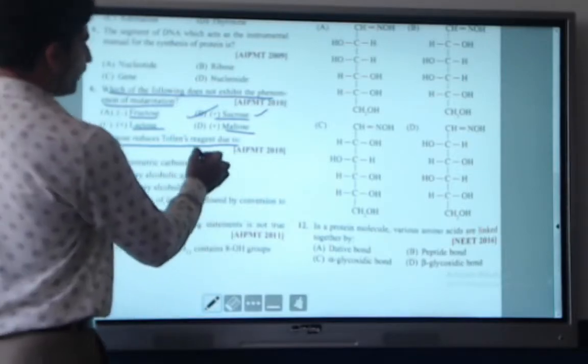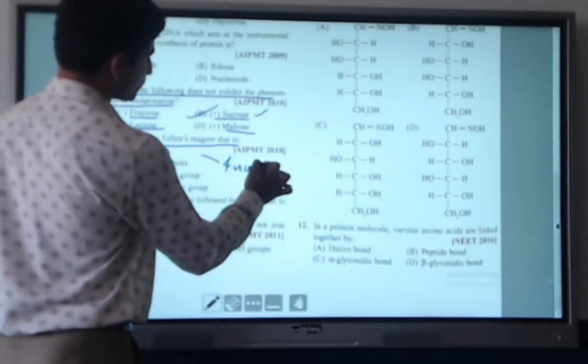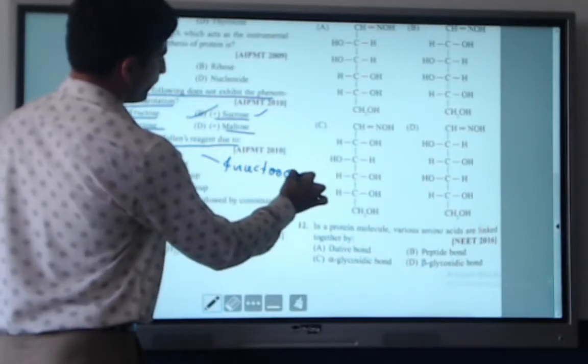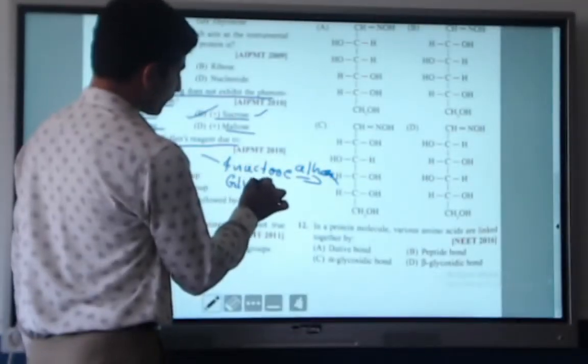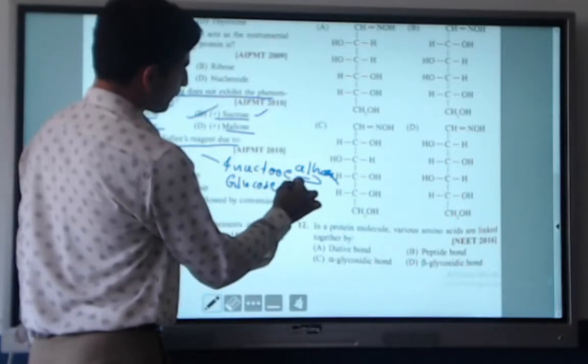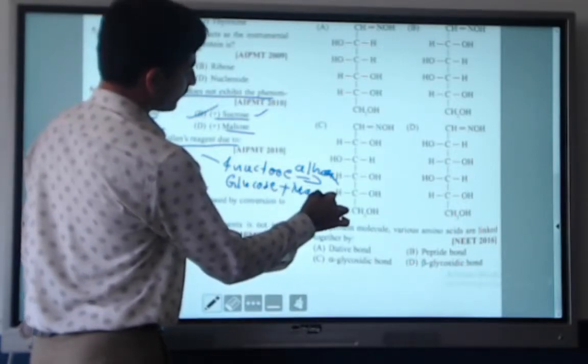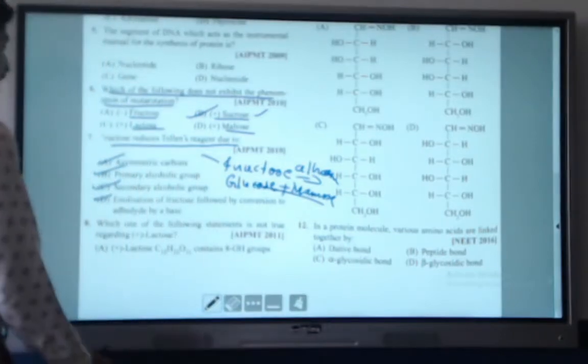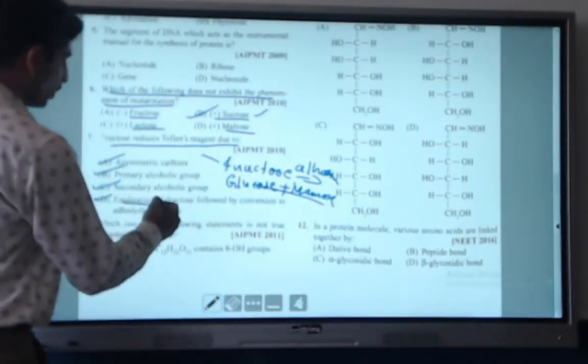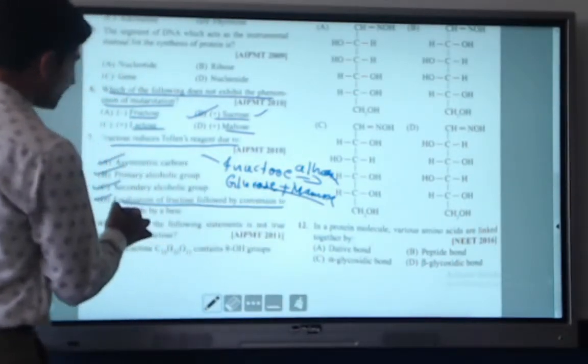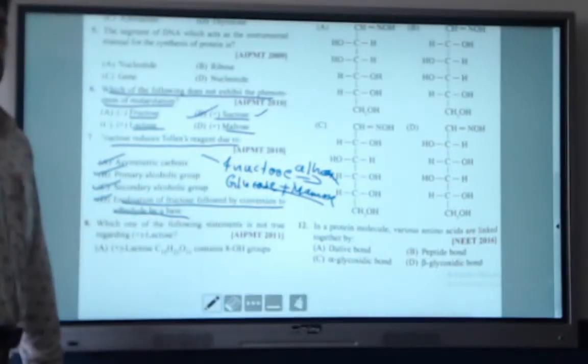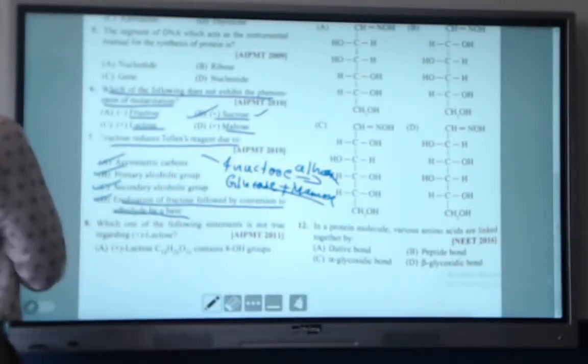That means whenever fructose undergoes a reaction in the presence of alkali, it produces glucose plus mannose, which have aldehyde groups. So the option we can go with is enolization of fructose followed by conversion to aldehyde by a base.